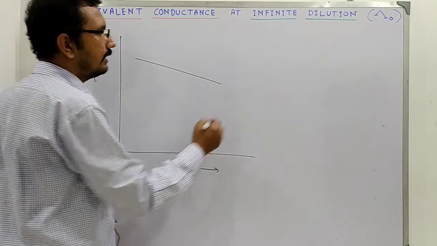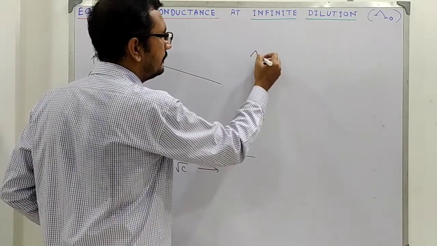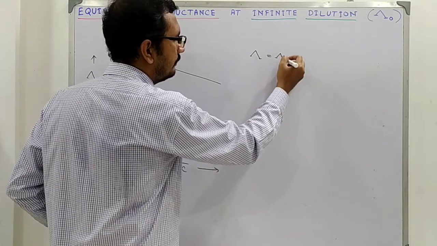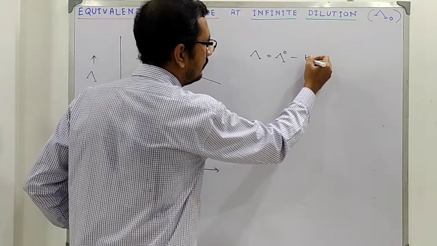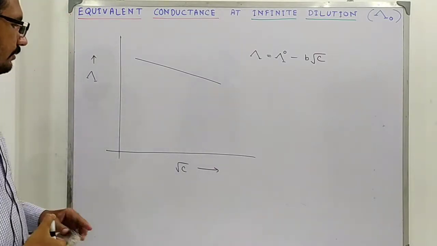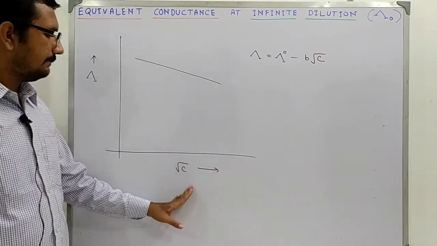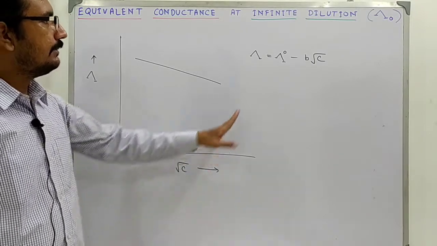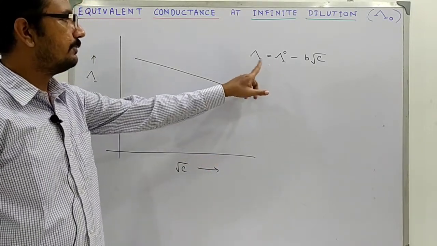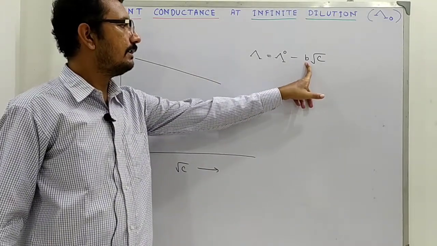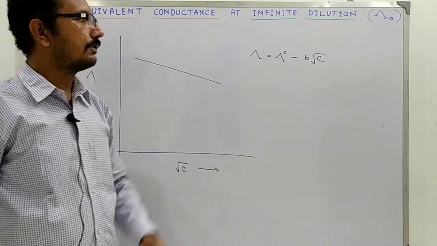So, the equivalent conductance for strong electrolytes maintains a linear relation with the square root of the concentration of their electrolytic solution, and this empirical relation is proposed by Kohlrausch, where B is the constant and this lambda 0 is the constant.